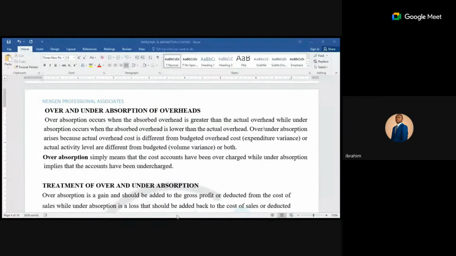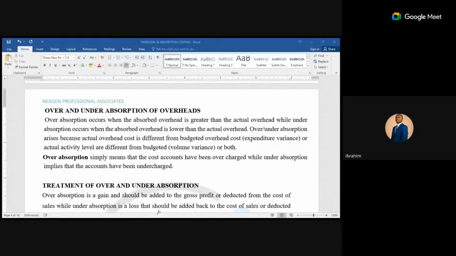So now, how do we determine another thing you need to know? Why do we have to understand this? It is very important because under absorption costing, you need to understand what overhead is and how to calculate your overhead absorption rate.